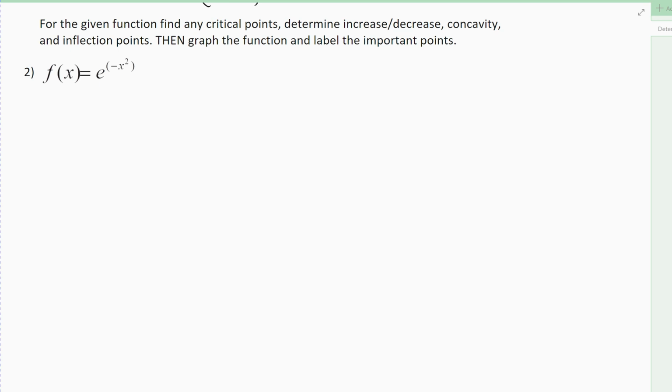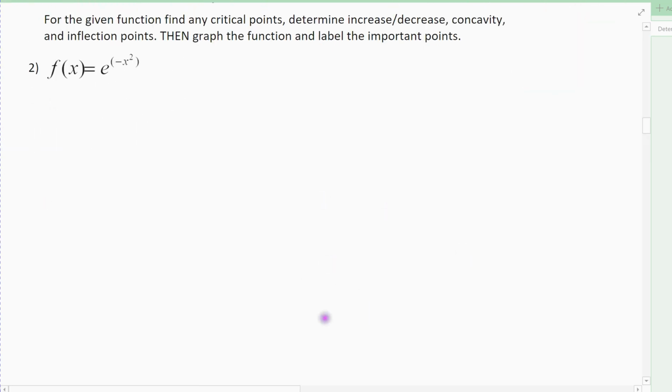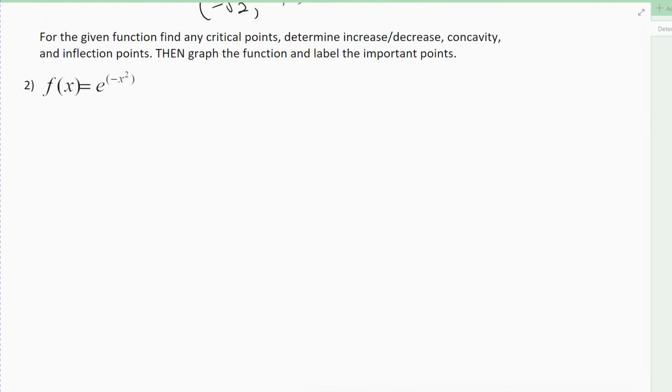All right, so the first derivative, which requires my chain rule, is the e function as is, times the derivative of the inside, which is going to give me a negative 2x. So there's my first derivative.